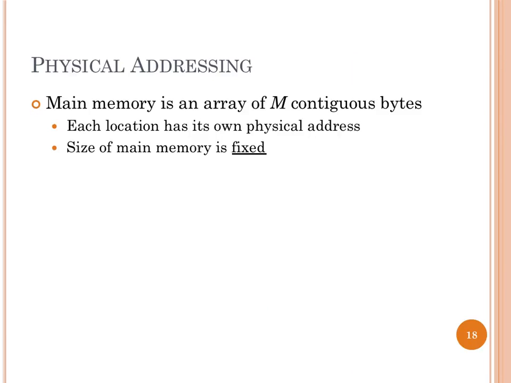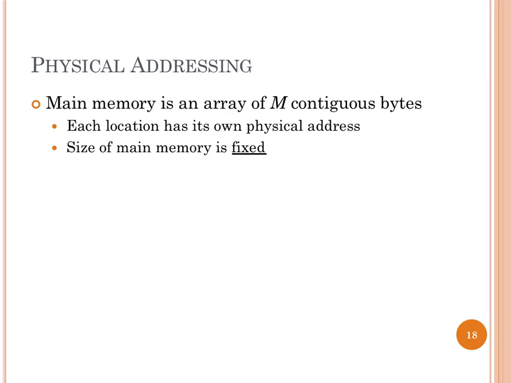So, we've kind of been talking about program and memory usage in a concept that we consider to be physical addressing. I have a program. It contains an address. It runs that instruction that emits the address from the processor, and that's a physical address. It corresponds to a physical location in memory.